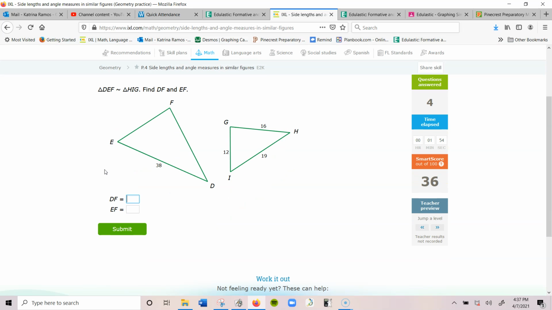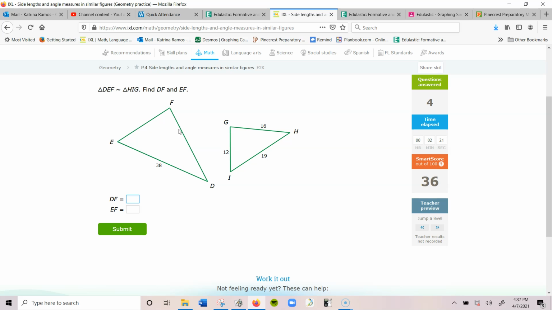Now here we're looking for these side lengths. We have here that DE is 38, and DE is going to correspond with HI, which is 19. In order to get from 19 to 38, you would have to multiply by 2. So that means that 19 times 2 is 38.